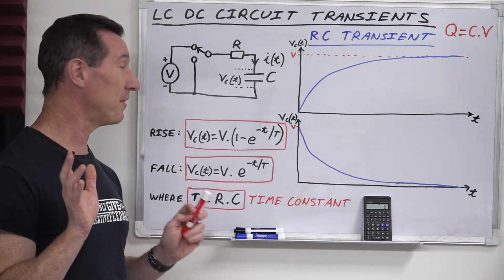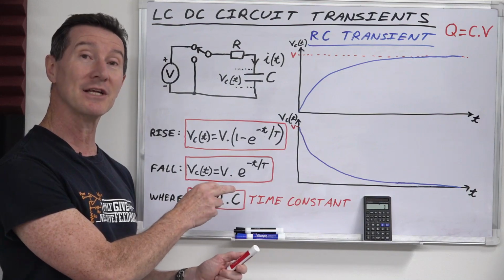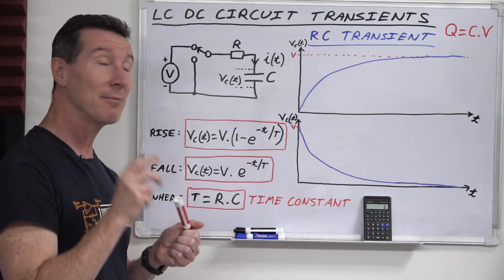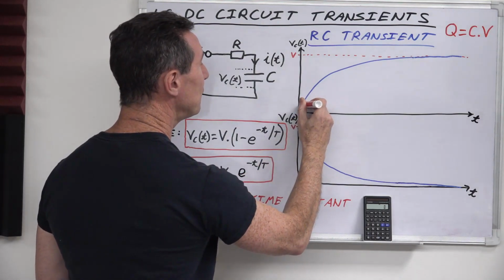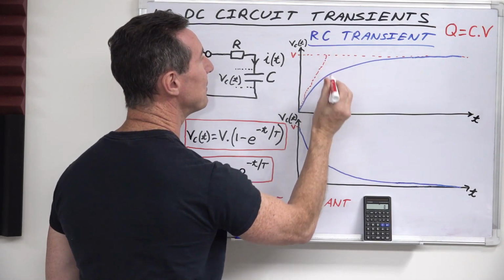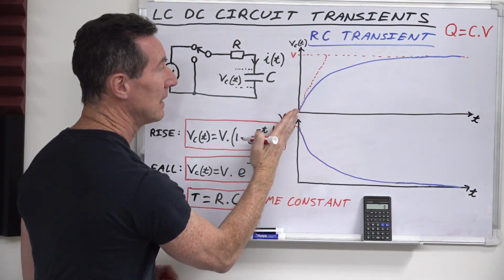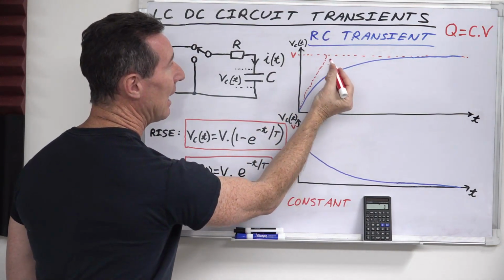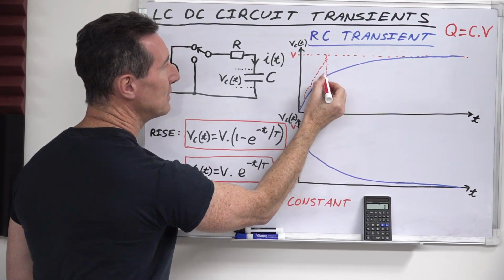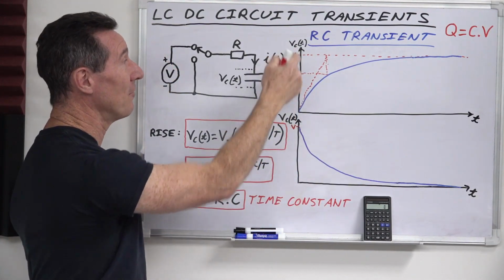Now, here's an important thing to realize. This RC time constant is actually an important number. It's actually 63.2% of the charge. Let me show you why. Basically, if you follow the initial charge curve up to there, if at its initial point you went in a linear fashion like that, and then you dropped this down here to this point, it'll be equal to 63.2% of the maximum charge.